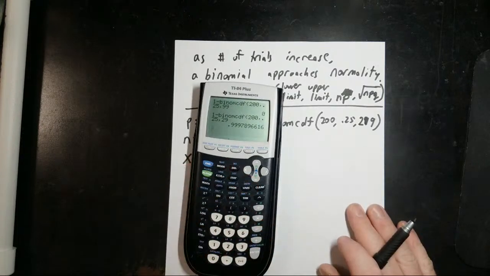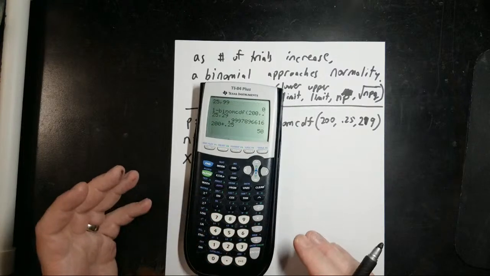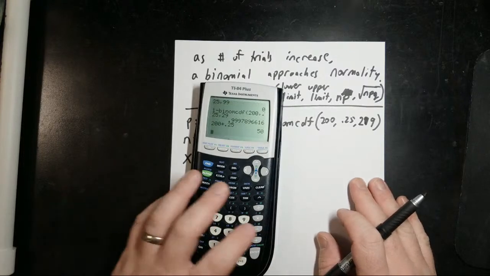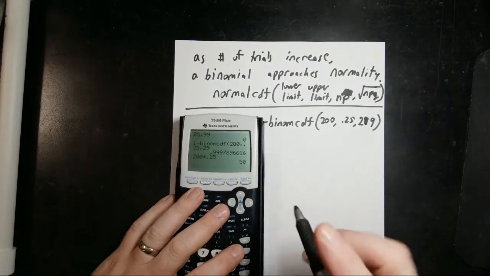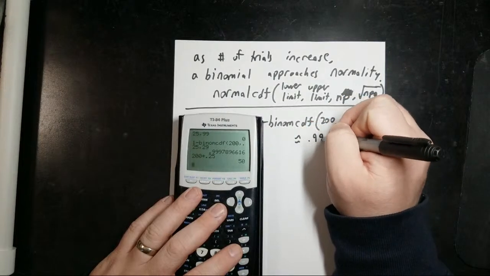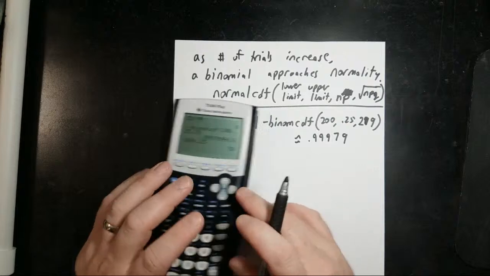So if I'm playing 200 times, I'm expecting to get 50 wins on average. But if I'm looking for 30 wins or better, then it looks like approximately 0.99979. Let's look at what the normal distribution does.